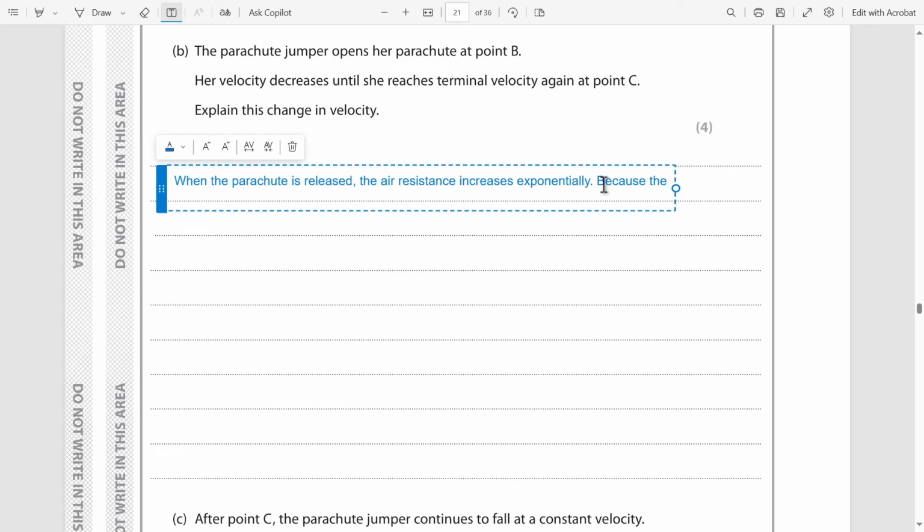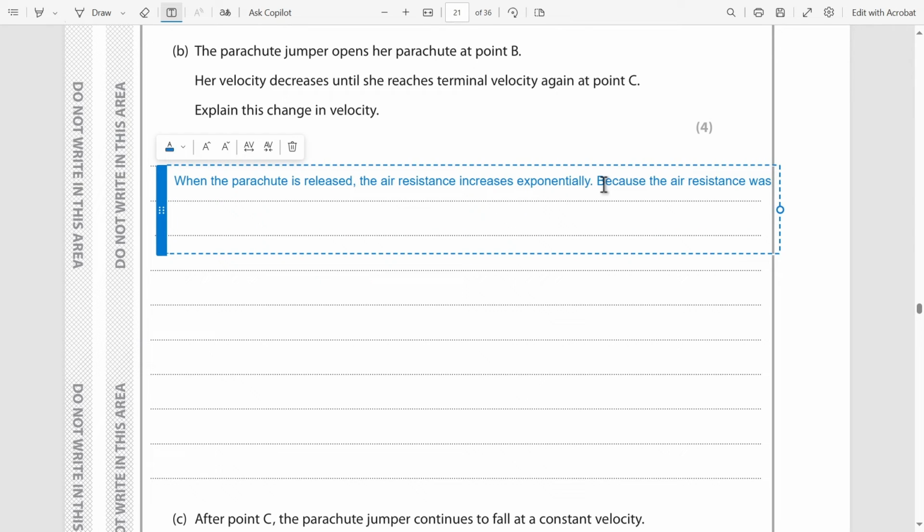Because the air resistance was balanced with the weight force, now it is going to be greater than the parachuter's weight.